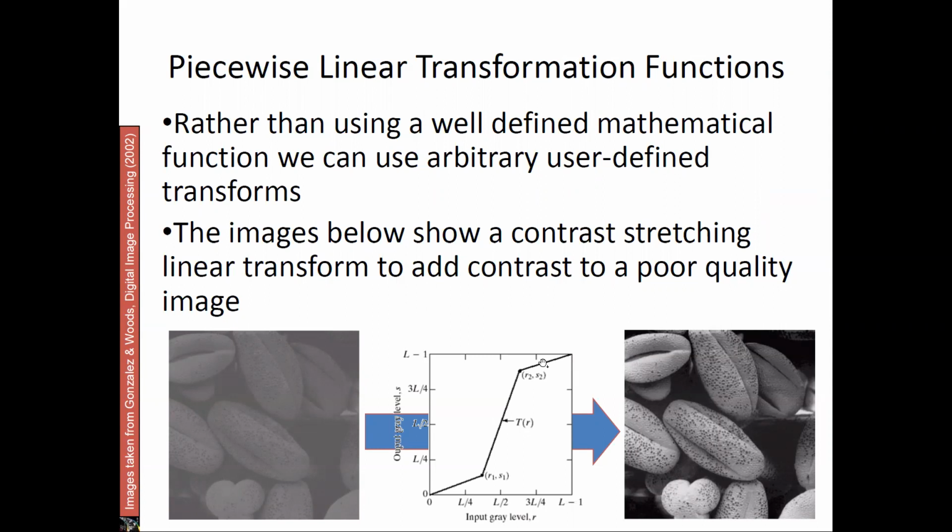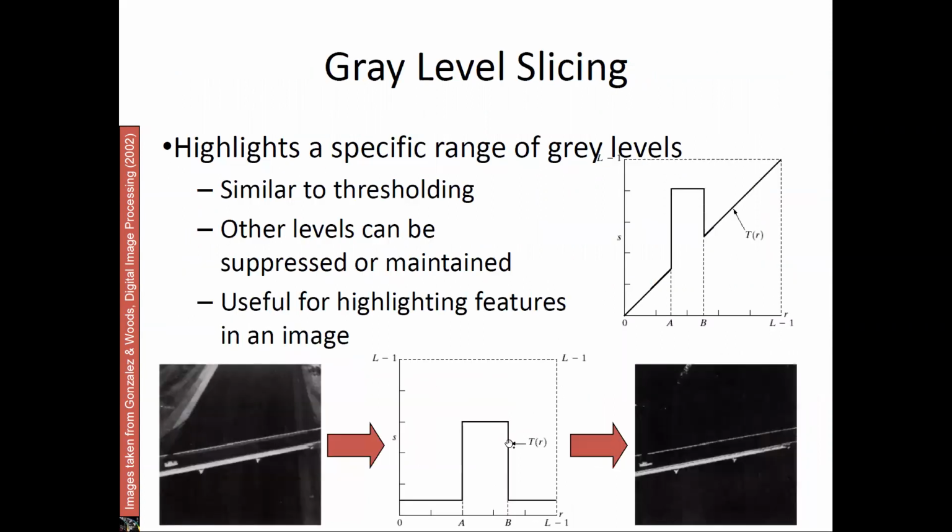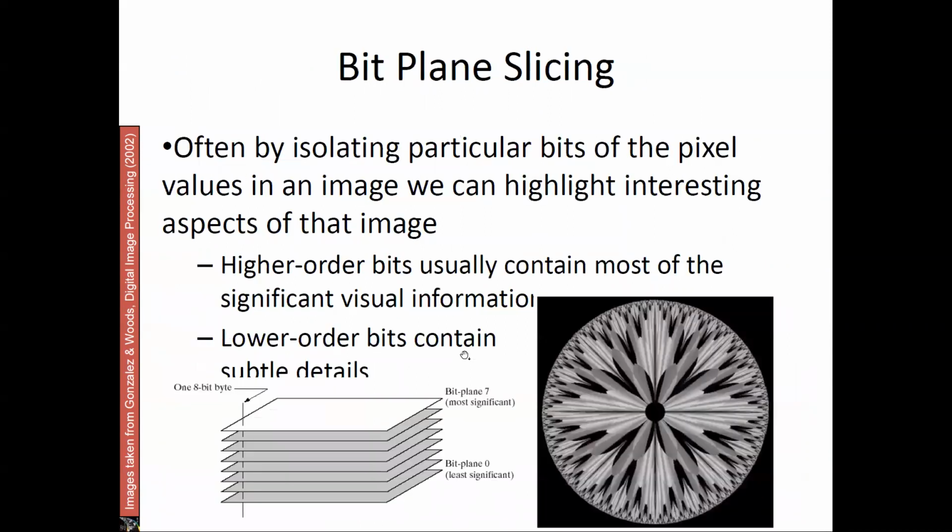For poor quality images, we can make changes, or if my region of interest is this, I can say I want to magnify only this part, or I want to enhance this set of pixels. This can be done. We can highlight the features. Say some levels can be suppressed or maintained, whereas some features can be highlighted in gray level slicing.